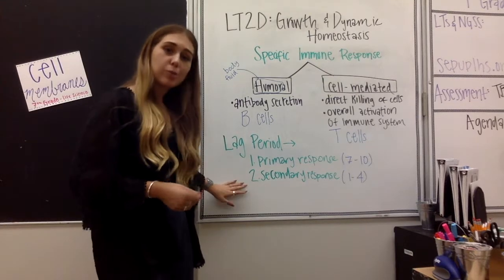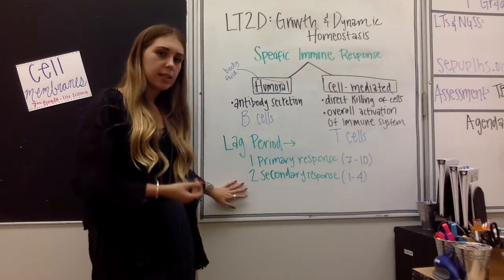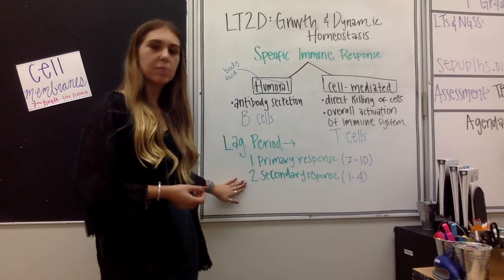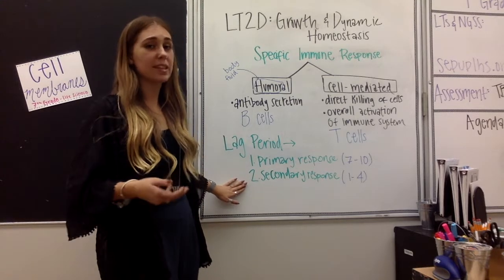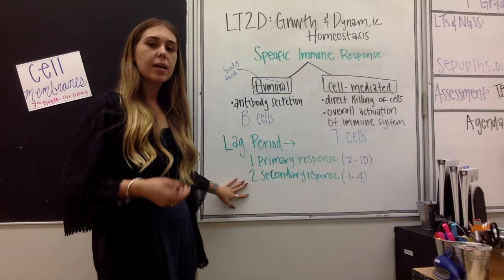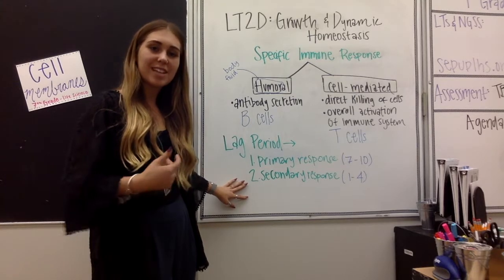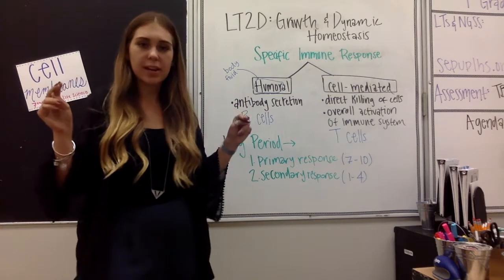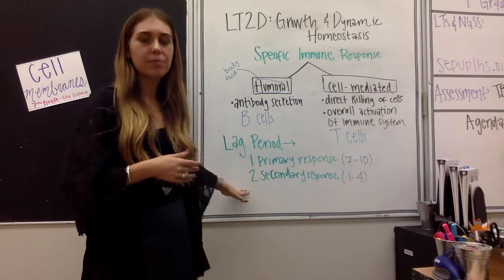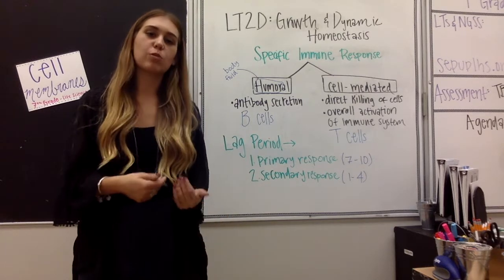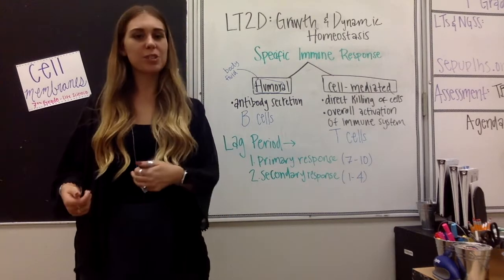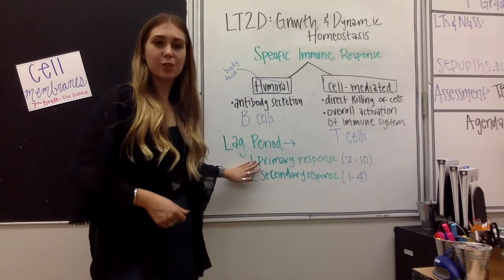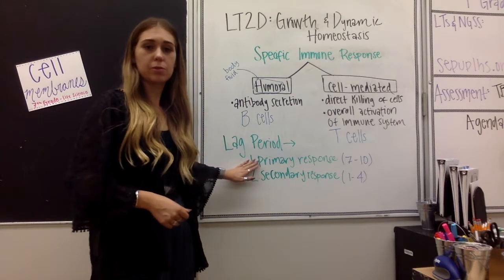So if we get exposed to that same antigen a second time, we have something called a secondary response or secondary exposure. Instead of it taking 7 to 10 days to get the troops ready, it takes 1 to 4. That's all. And within those 1 to 4 days, you're going to have a better response than you even did the first time you were exposed.